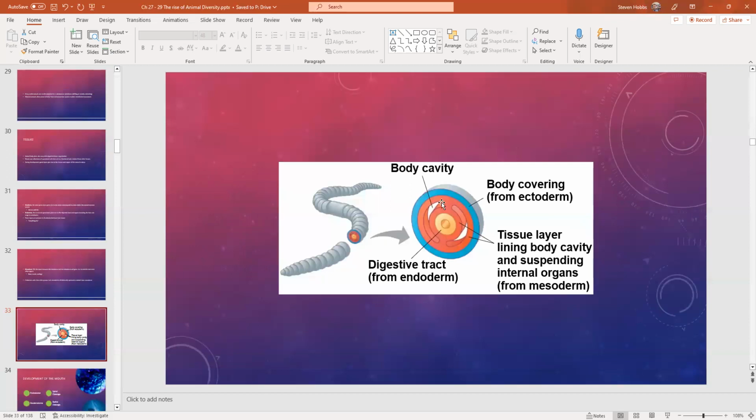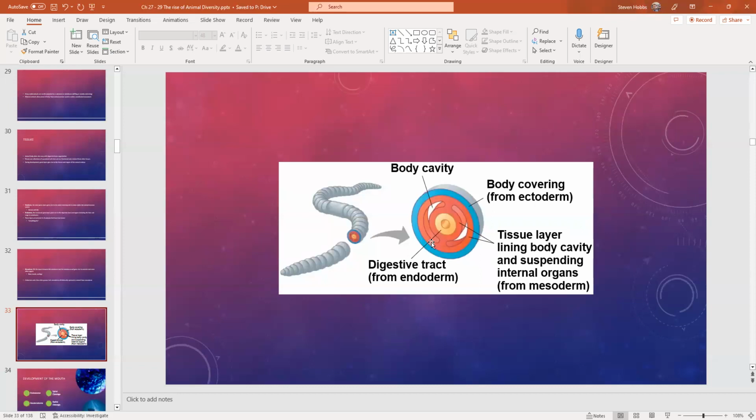Now, some of those will actually have some spaces as well. These are known as body cavities. Can you see a little space right there? Those body cavities allow the digestive tract to be separated from the outside layer. That allows the digestive tract to operate independently while the rest of the body is doing what it needs to do, such as looking for food.